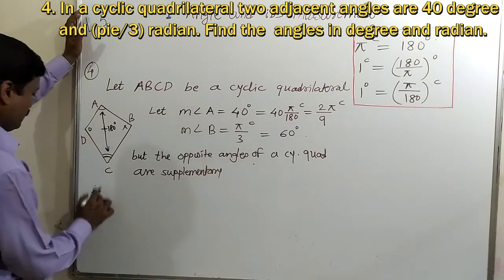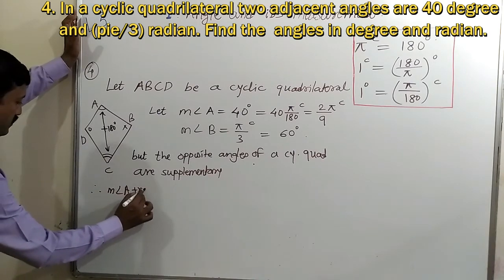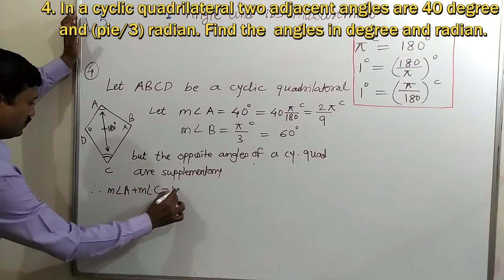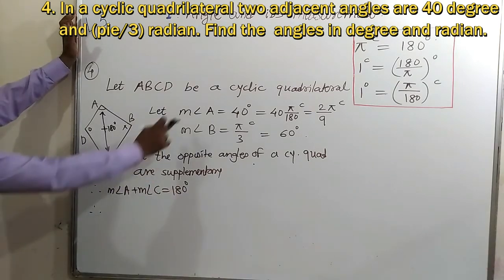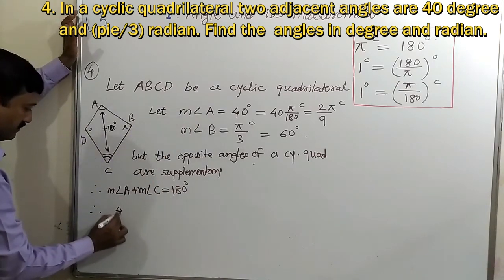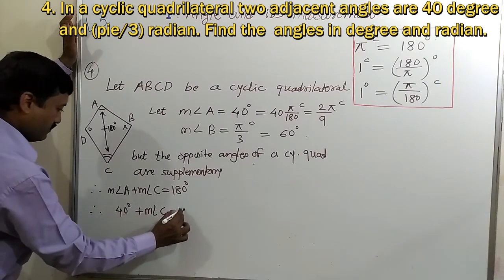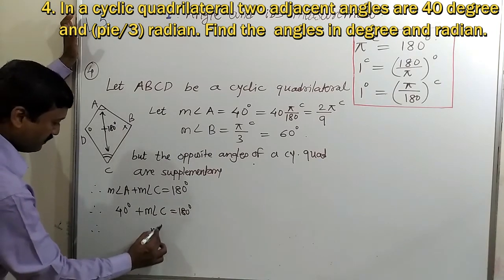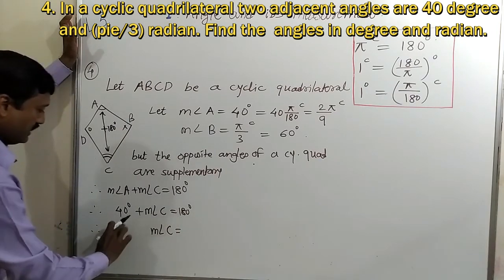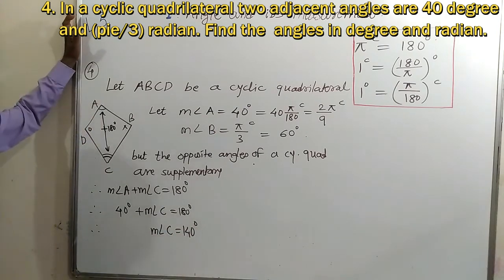Therefore, measure of angle A plus measure of angle C is equal to 180 degree. Therefore, measure of angle A is 40 plus measure of angle C is equal to 180 degree. Therefore, measure of angle C is equal to 180 minus 40, that is 140 degree.